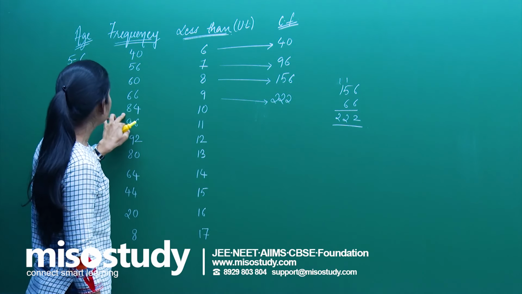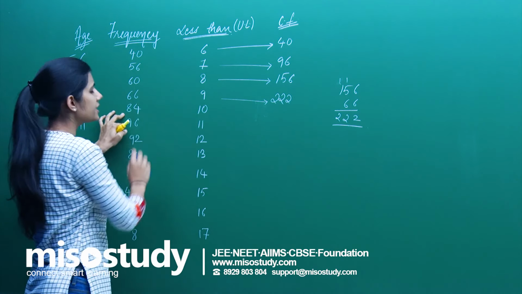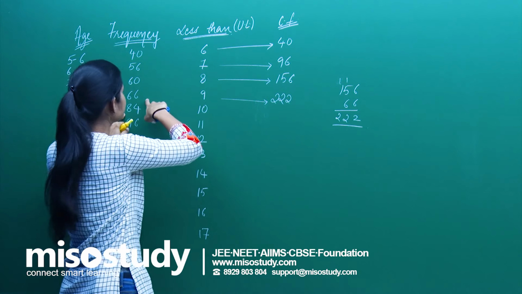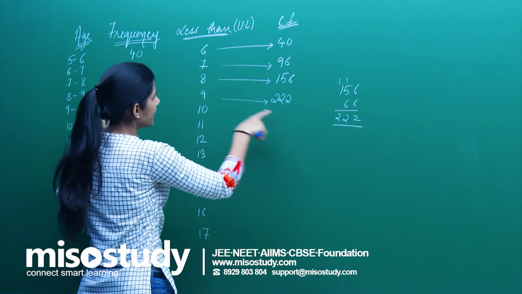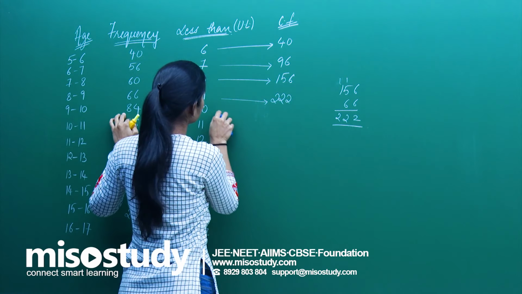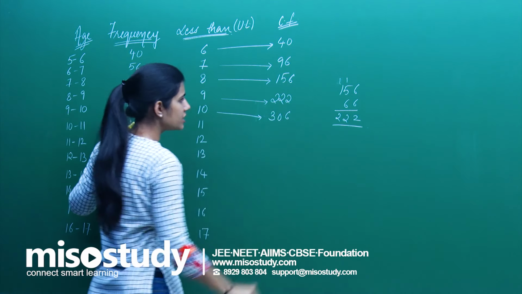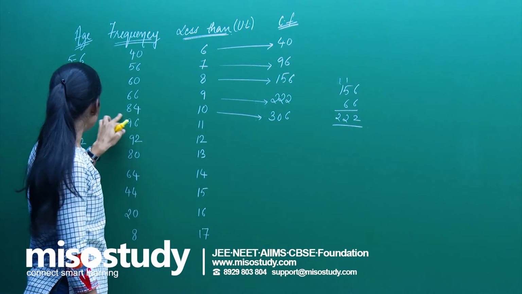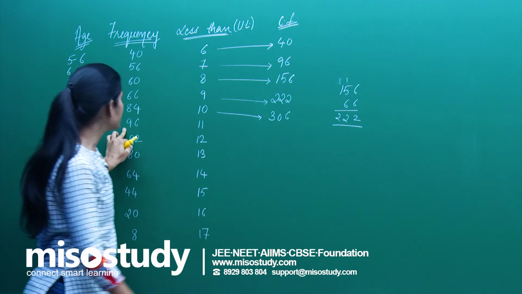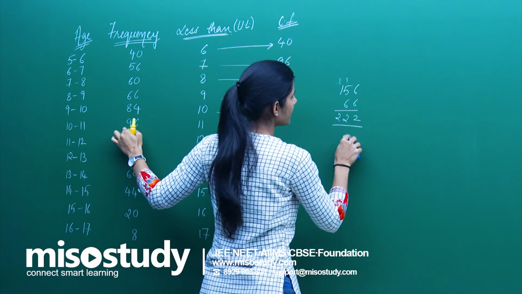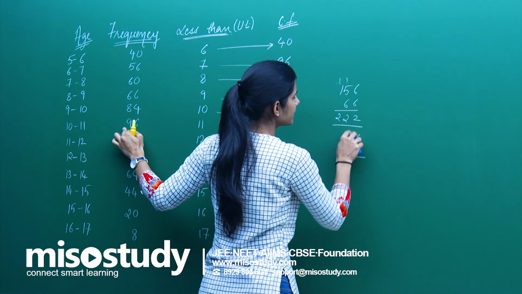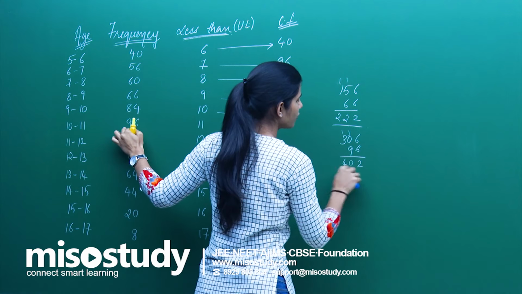Less than 10 is all of this till 84. So till 66 it is 222, plus 84 gives you what? 4 plus 2 is 6, 8 plus 2 is 10, so you have 306. Then less than 11 is 306 plus 96. If I add 306 plus 96, I get 402.